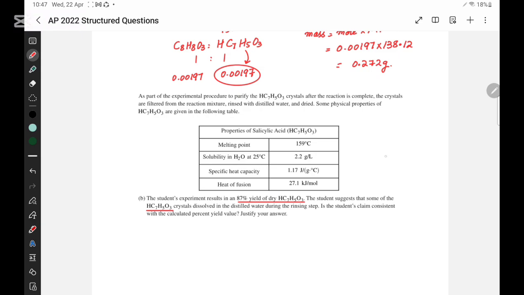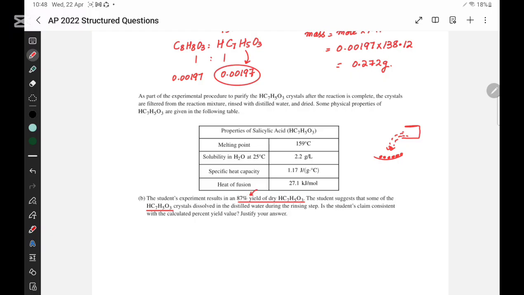So what is the rinsing step? For example, you have got the crystals of the acid and you are washing it with the water, and when you are washing it with the water, the student is saying that some of HC7H5O3 has been dissolved. That's why we are getting the product only 87%.